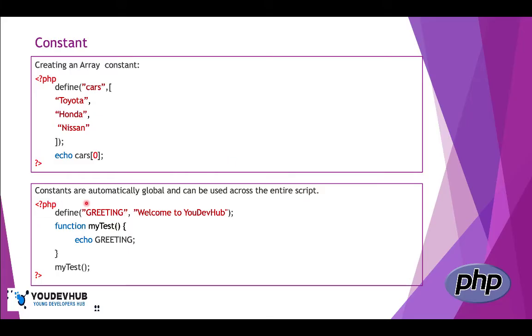We can also have a constant that is automatically global and can be used across the entire script. We can have a function and still use the constant inside the function.